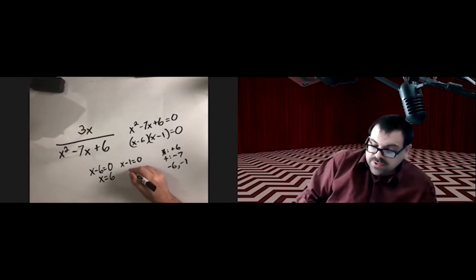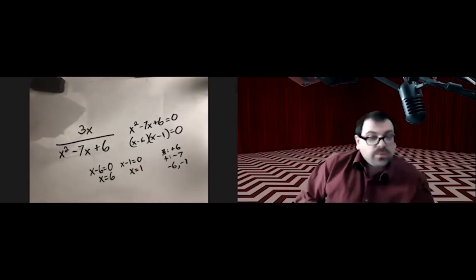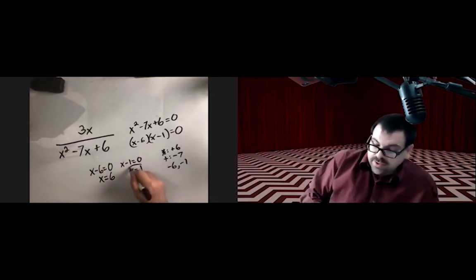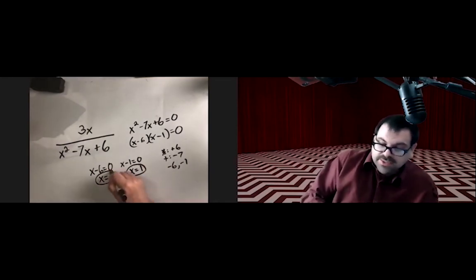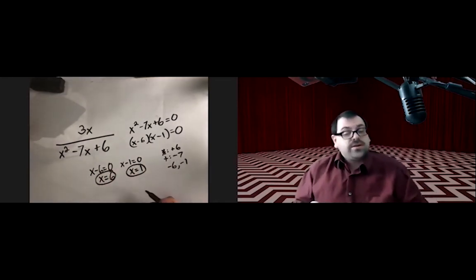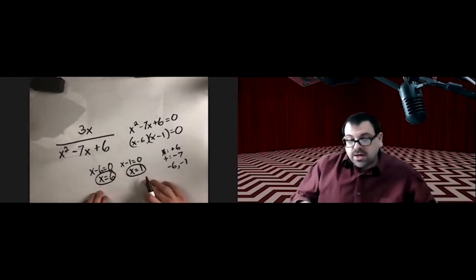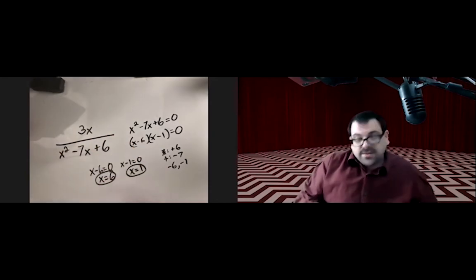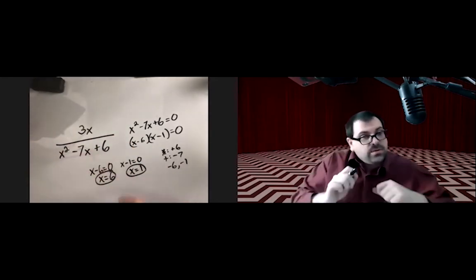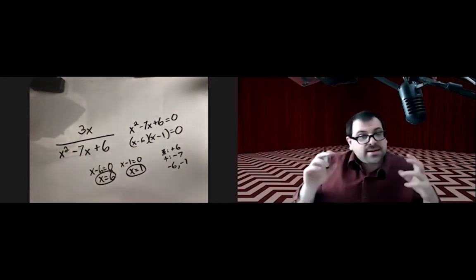Add 1 to both sides, we get x equals 1. Positive 6 and positive 1 are the restricted values. Positive 6 and positive 1 are the numbers that if we plug them in for x, they will give us 0 on the bottom, which makes it undefined.